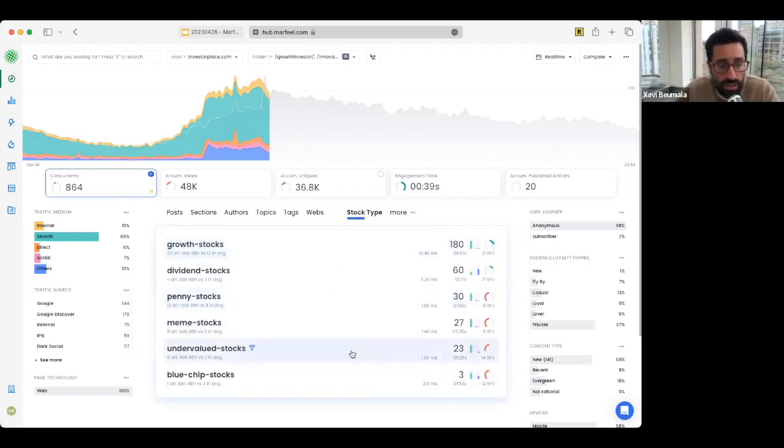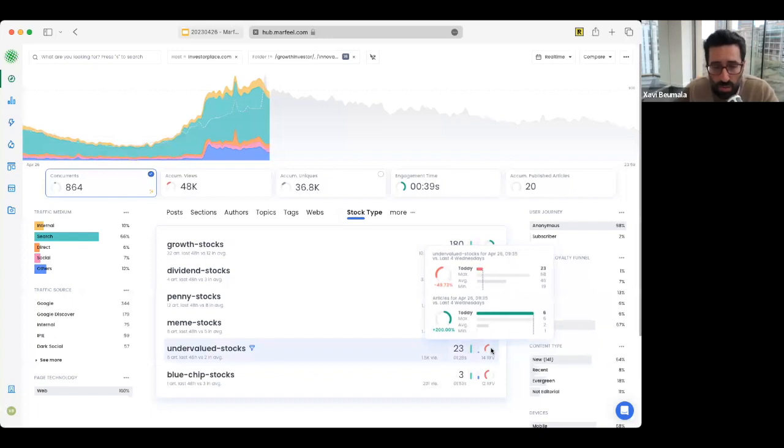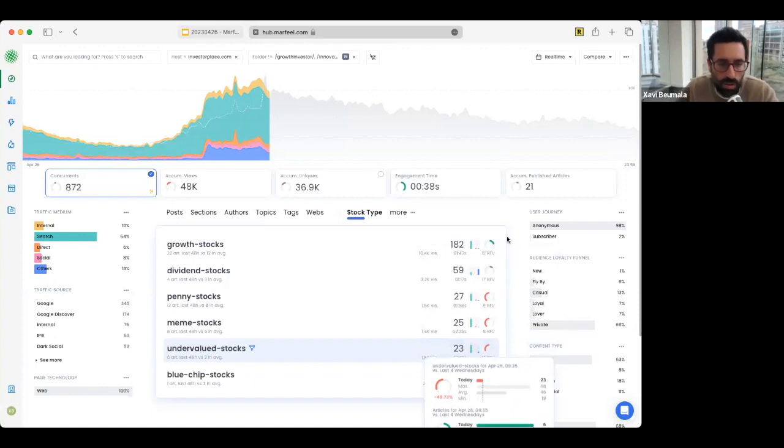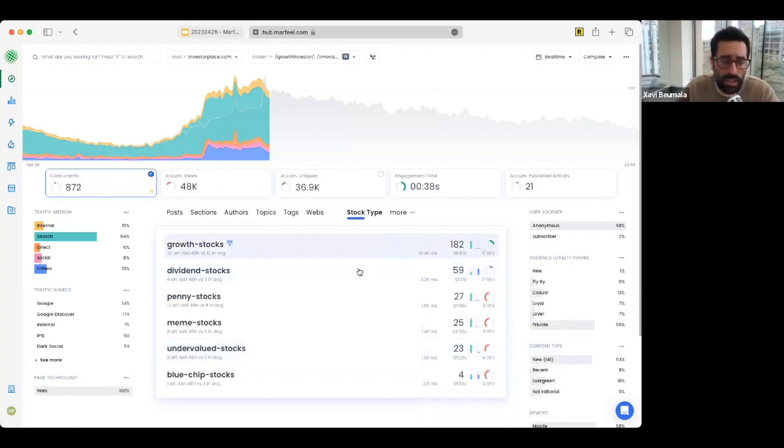But then we've got the undervalued stocks, which turns out they produced more than during the last 4 Wednesdays, and we are not getting as much traffic as they were getting in the past. Again, this custom classification comes from their CMS, very easy to integrate. So in case you want to do this kind of classification, let us know and we will assist you to make it happen. Lots of those things can even happen with no code.